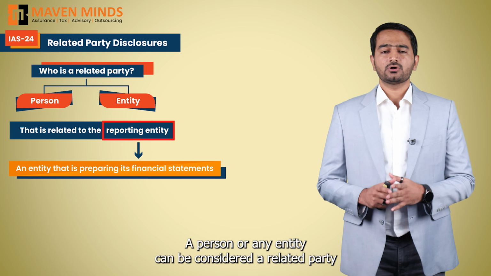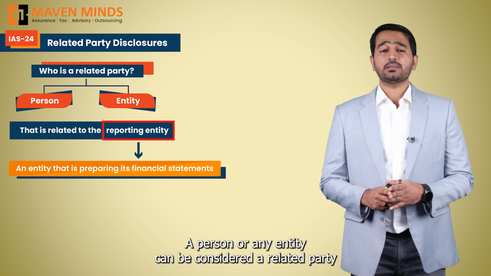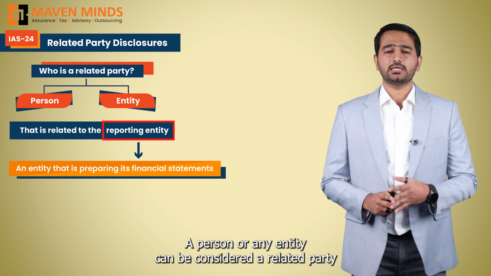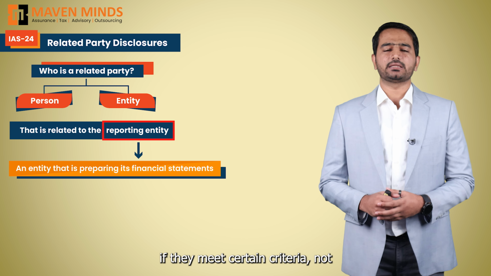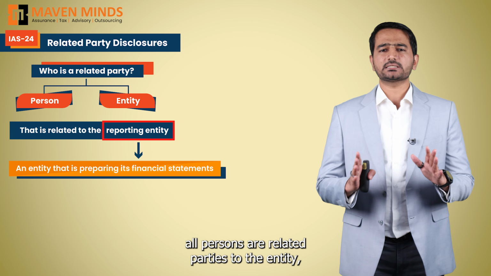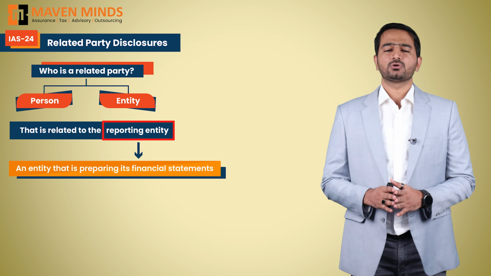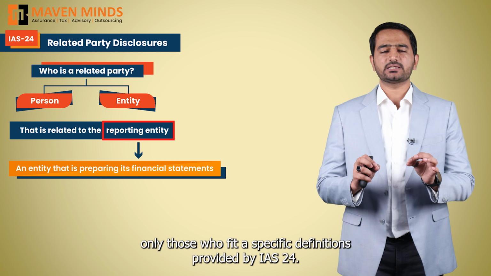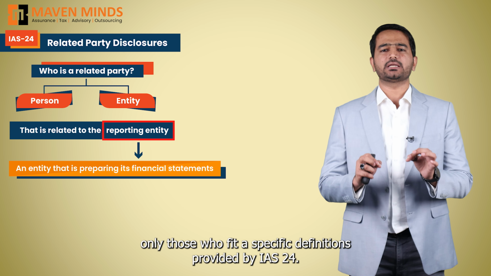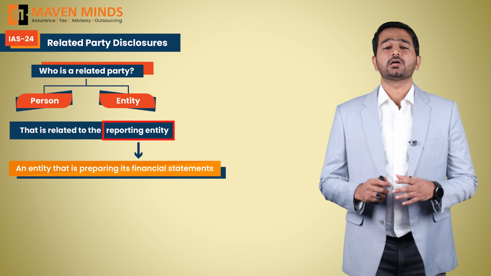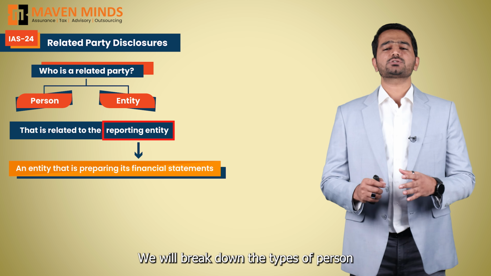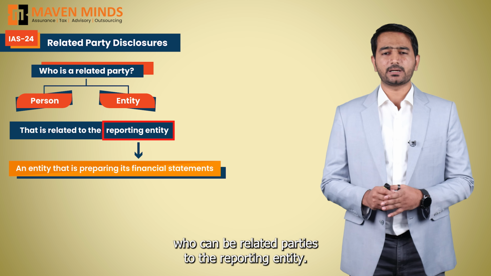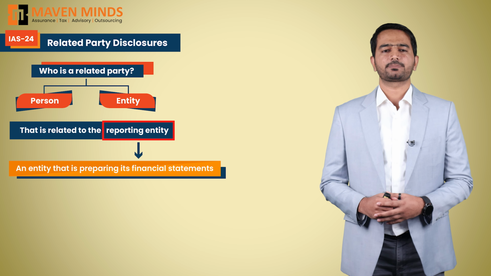A person or any entity can be considered a related party if they meet certain criteria. Not all persons are related parties to the entity, only those who fit specific definitions provided by IAS 24. We will break down the types of persons who can be related parties to the reporting entity.